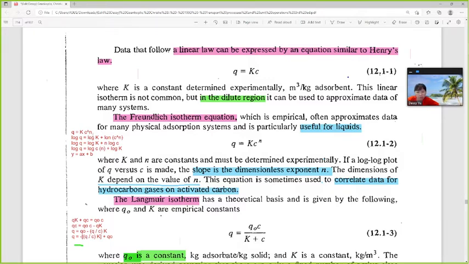Remember the logarithmic property: a multiplication becomes a plus, and the exponent n can be moved in front of the log c, with log K.